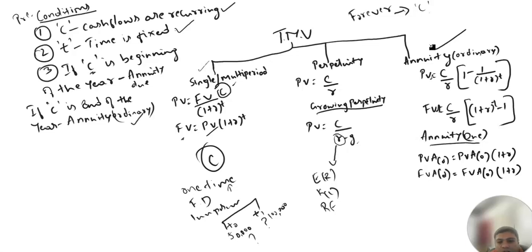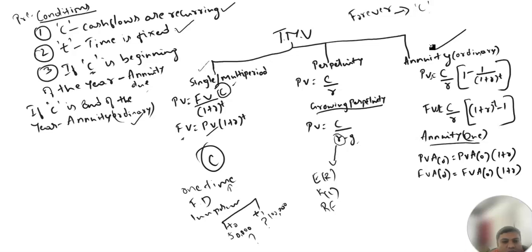If it is an ordinary annuity, simply apply any one of these formulas. But suppose the C is in the beginning of the year, then it is an annuity due. In order to decide which formula to apply, it's important that you remember these key conditions.